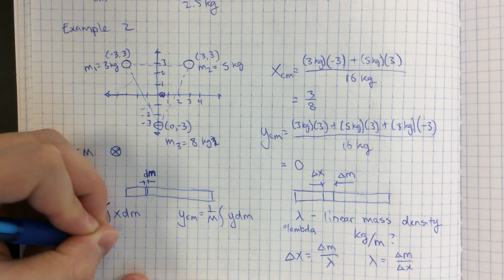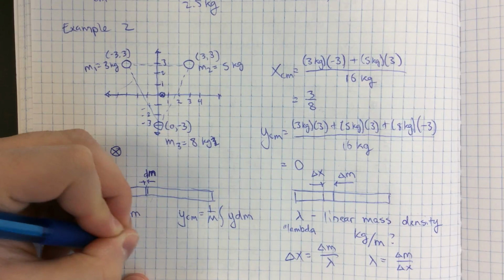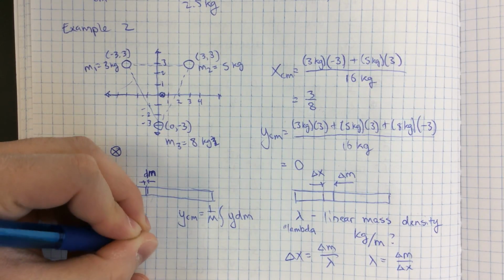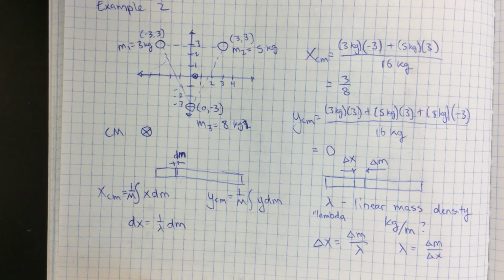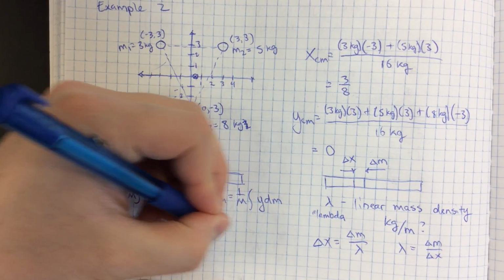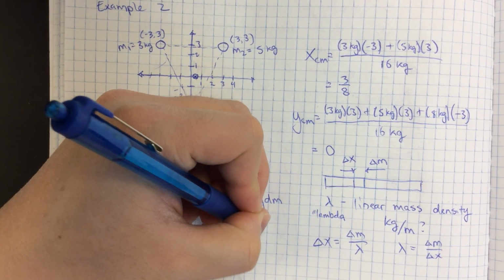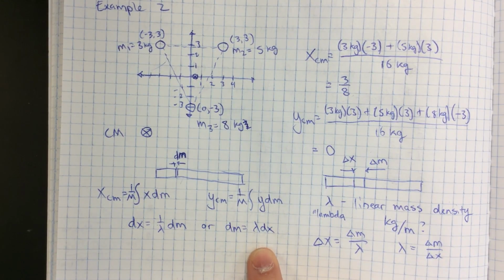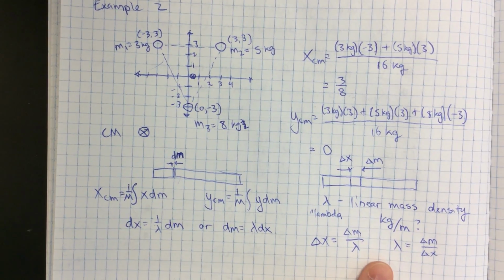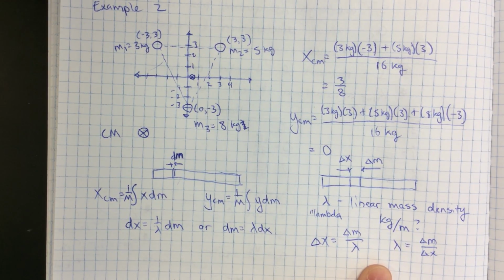That means dx is equal to 1 over lambda dm, or dm equals lambda dx. You can only say this if lambda is constant. If it's not constant, then you have to do some other trickery.